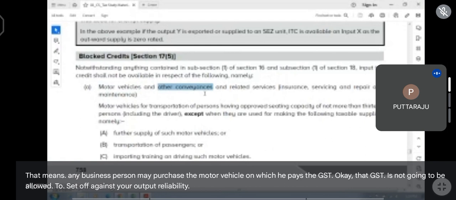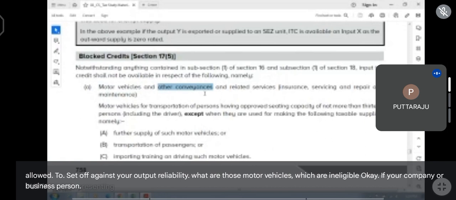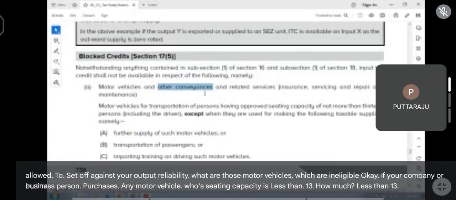What are those motor vehicles which are ineligible? Okay, if a company or business person purchases any motor vehicle whose seating capacity is less than 13. How much? Less than 13, including driver.